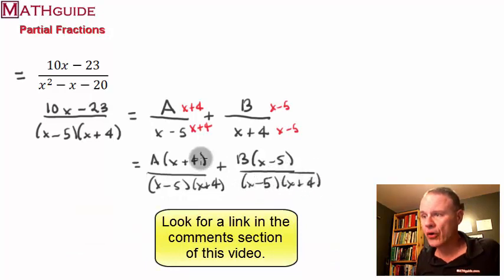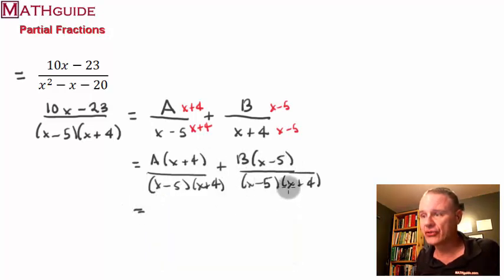All right, now in order to add these two, I needed that common denominator, which I now have. When I add those two, I'm really going to be adding the numerators. And I'm going to get this. And if I multiply through, I'm going to get ax plus 4a.